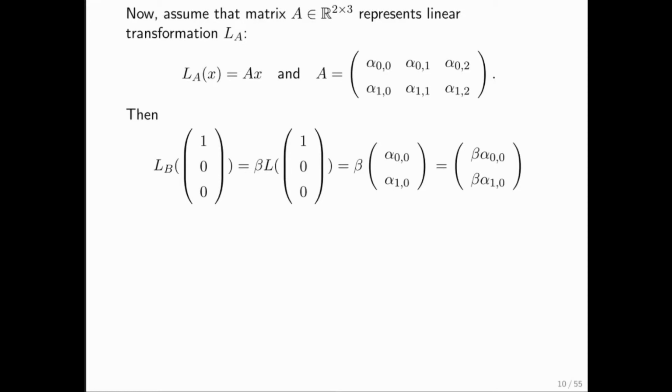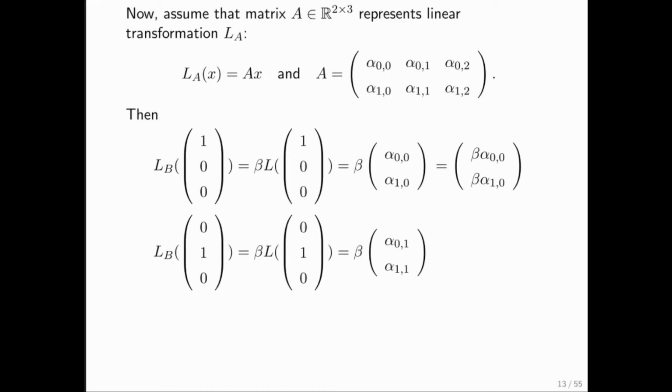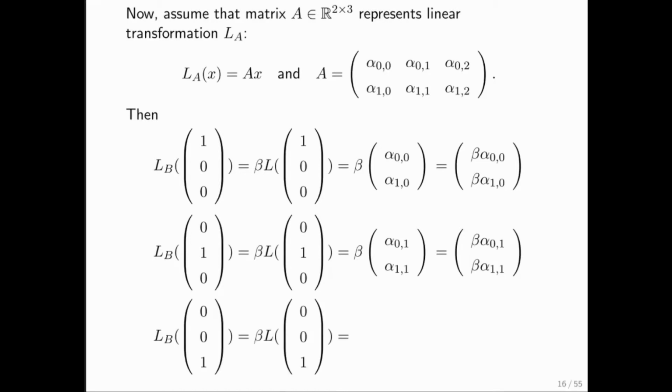But now we have a scalar times a vector, and therefore we know how to do that. Similarly, in goes the second unit basis vector, which means we have to plug it into L sub a. And that evaluates to the second column of A, multiplied by the scalar beta. In goes the third unit basis vector, and we find that all we have to do is multiply the third column of A by beta.